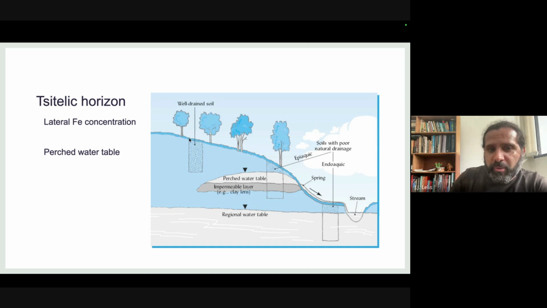For example, in this photo we have an impermeable layer that prevents all the water from reaching the regional water table. Because of this impermeable layer, you create a perched water table, and this perched water table induces a lateral movement. When this lateral movement reaches the soil surface, you have a spring. And because of this spring, now we have some oxidation here forming the stellic horizon.